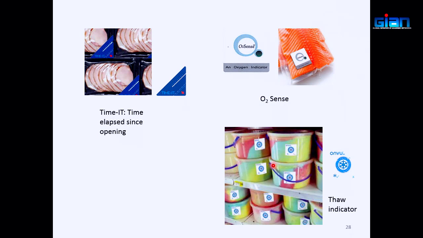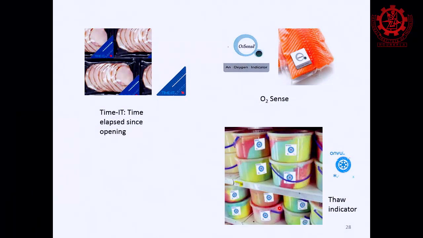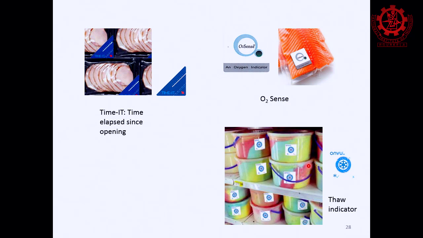And then you have some indicators like a thaw indicator. What are the thaw indicators? Some products, if they thaw, then their quality is gone, even if you refreeze again, such as ice creams. So ice cream, once it melts, then even if you refreeze, it's not the same anymore. So, for example, some grocery stores or some brands don't want to sell this freeze-thaw ice cream to the consumer because their brand name will be affected.